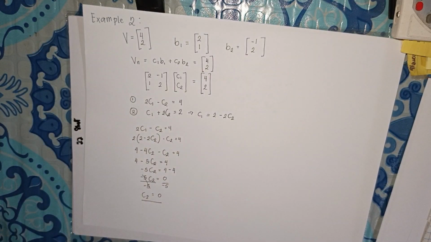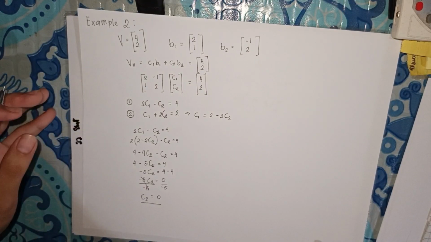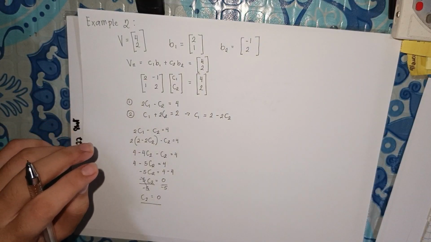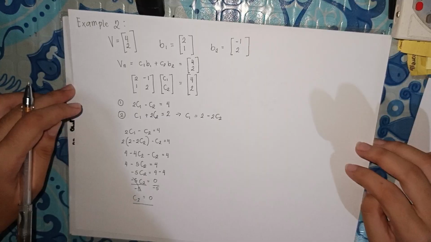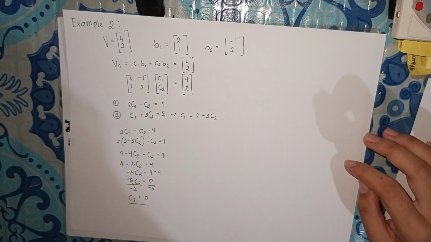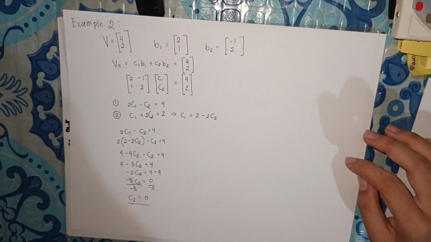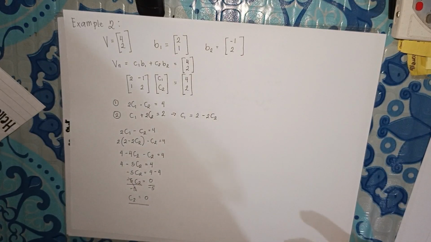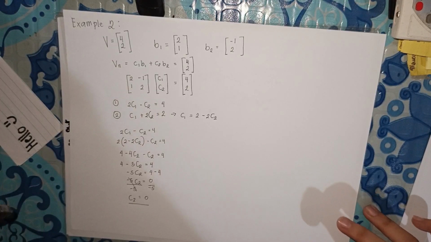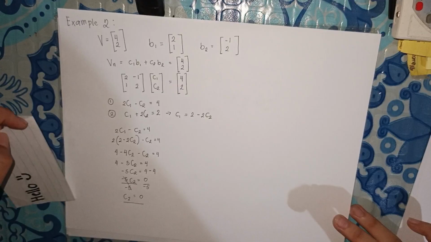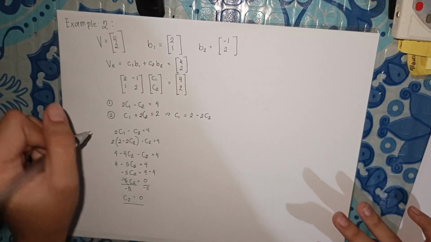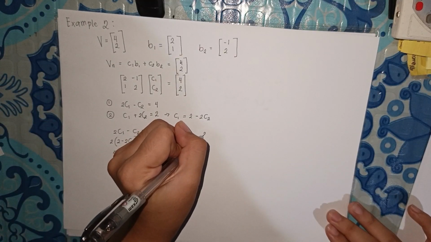So now we have the value of C sub 2, or our second scalar. Next, we choose an equation in which to substitute the value of C sub 2. The equation I will use is the first equation.